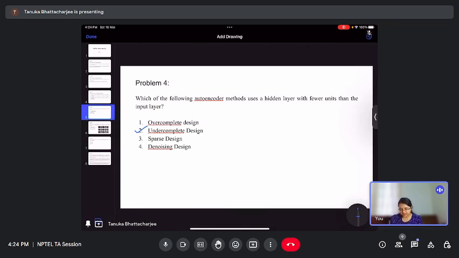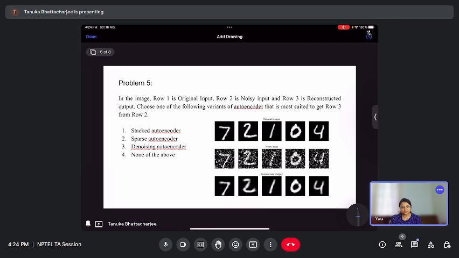Now the last one from autoencoder. Here three sets of images are there. The first row shows the original images. The second row is a noisy version of the first row, and third row is what we want to reconstruct from the second row. In this case, which particular type of autoencoder should you use if you want to get this from this?